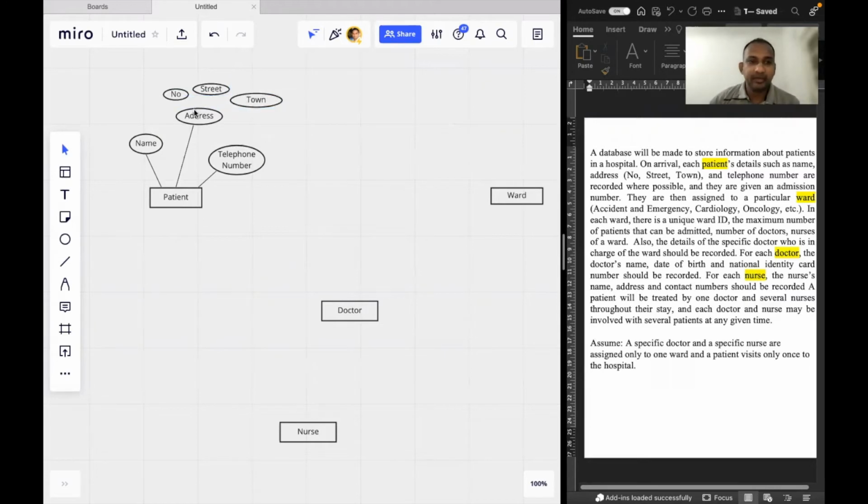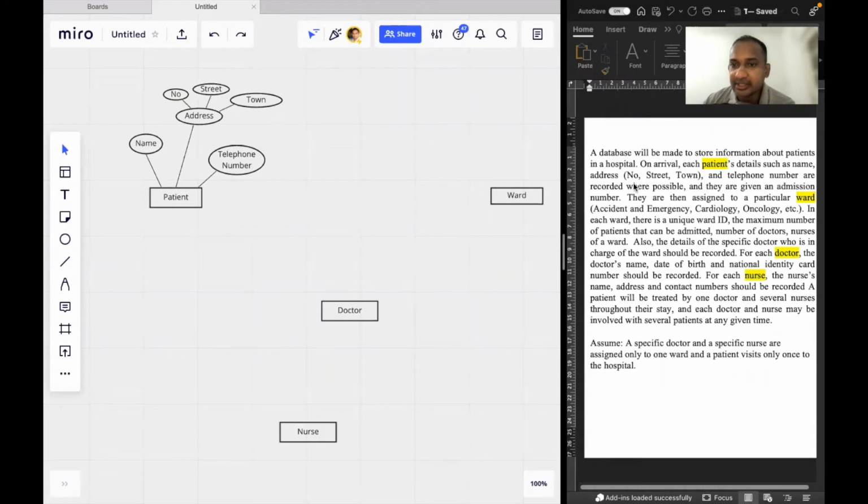And after that, you have to draw that this number belongs to this address, street also belongs to this address, town also belongs to this address. You have to draw it like this kind of a line. Here and again here and again here.